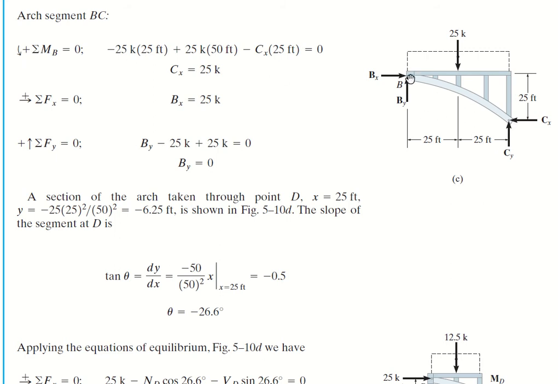This is your internal hinge or the crown, and it is also hinged, so the moments will be 0 at this point. What we are left with are Cy, Cx and this applied load.